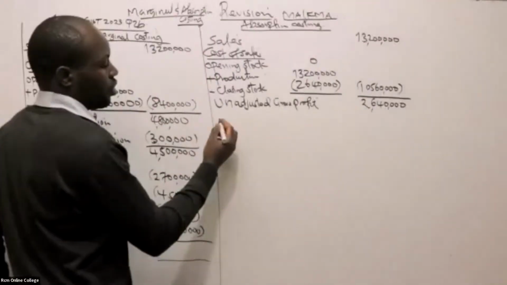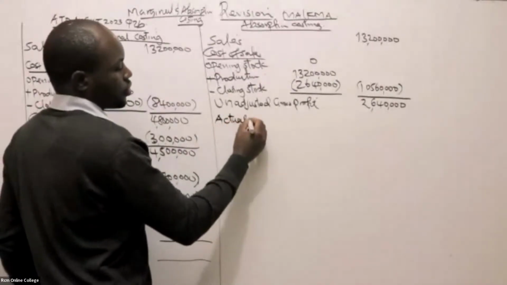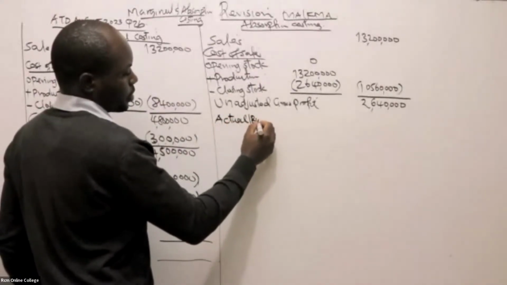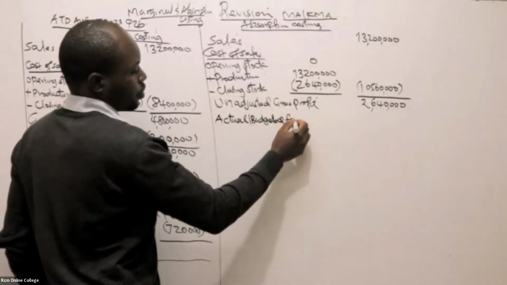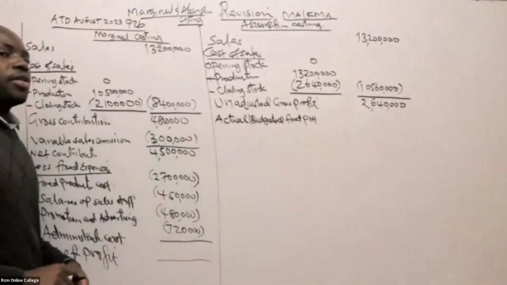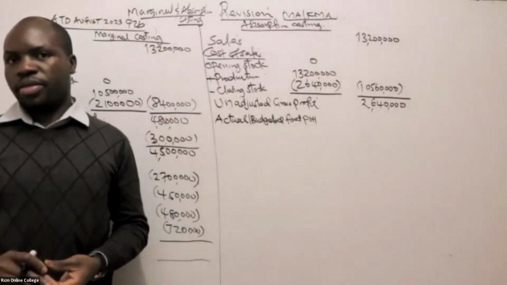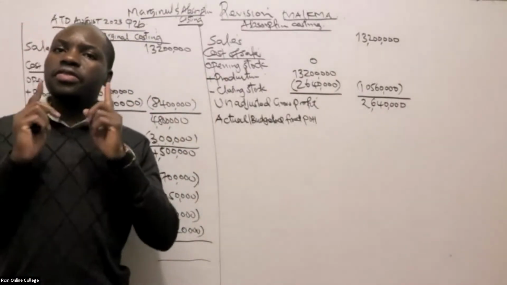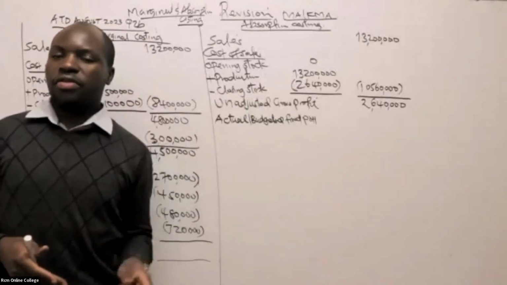So we look at actual or budgeted fixed production overheads. What am I trying to say? You must look for actual fixed production overheads. But if you don't find it, use the budgeted fixed production overheads.